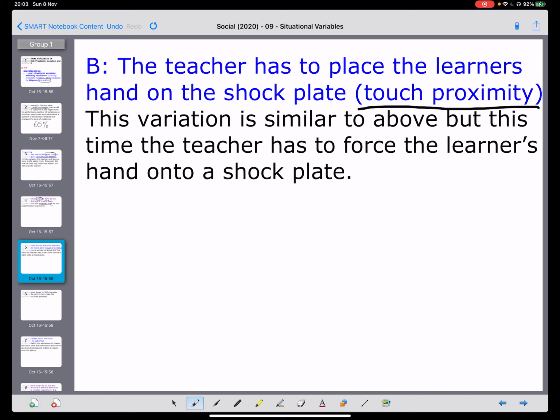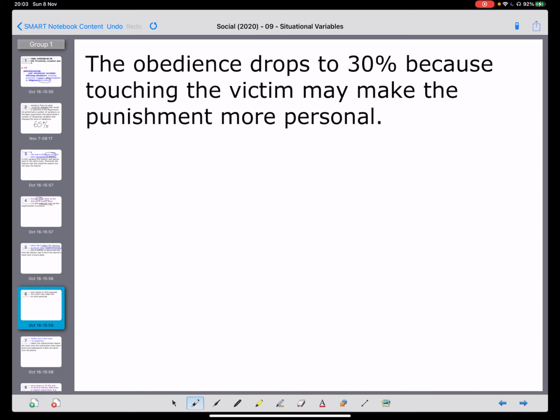What they have to do is place the learner's hand on the shock plate. They have to actually touch the learner, lift up his hand and put it onto the shock plate before they get the shock. Once again, we expect that obedience drops, and it does. Relative to the 65%, it drops down to 30%.